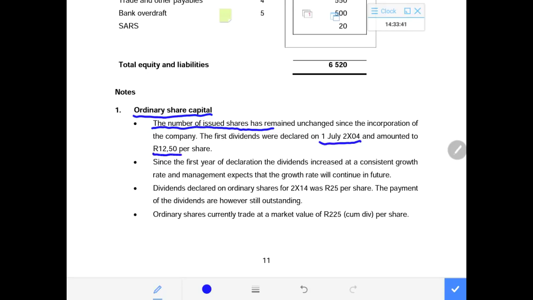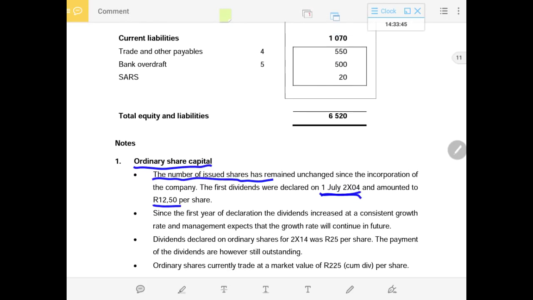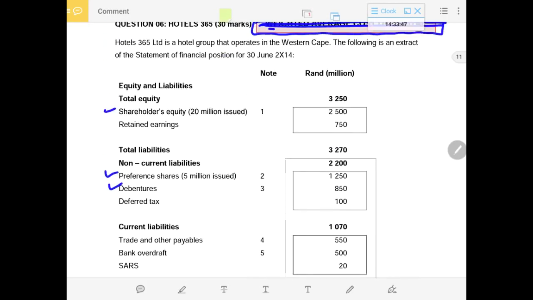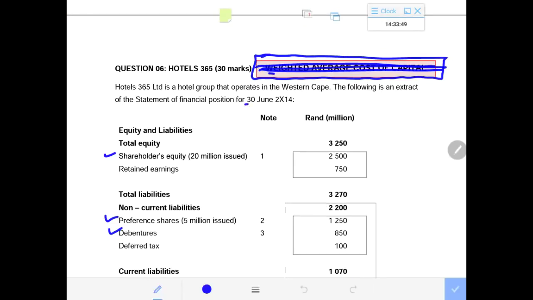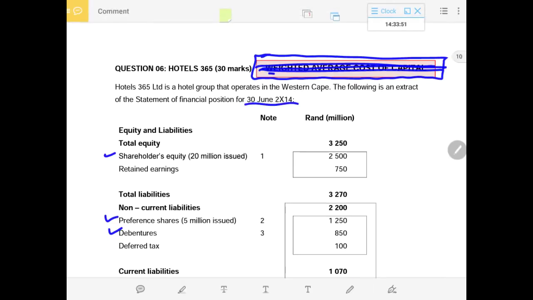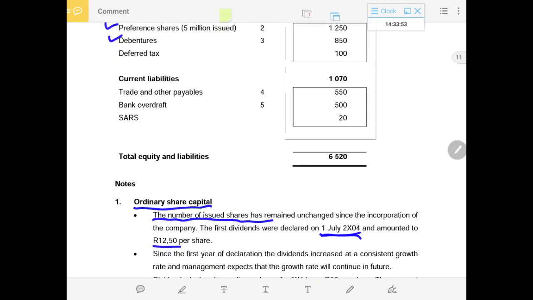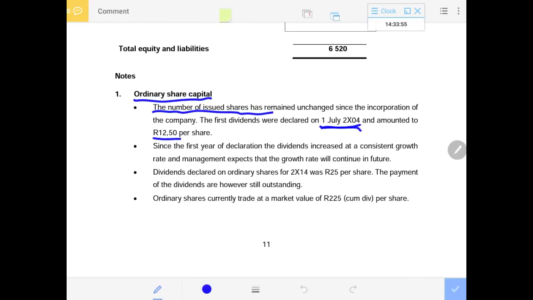Remember, the accounting period for the business ends on the 30th of June, so one day after June is the beginning of the new accounting period. This was the end of the previous accounting period, where the dividends amounting to 12 rand 50 cents in the year 2004 were declared.